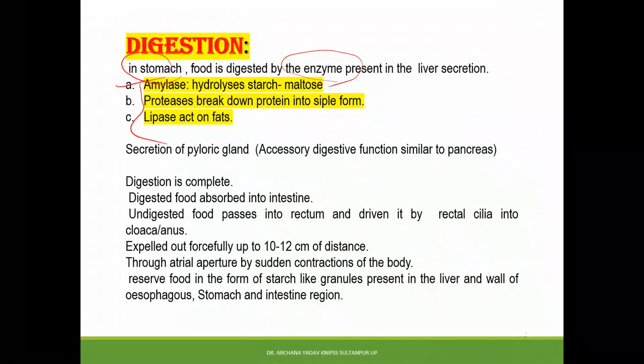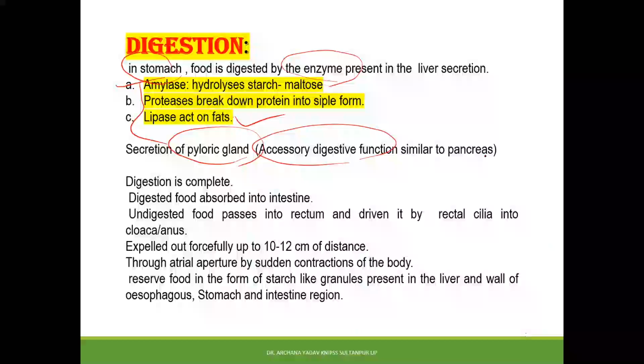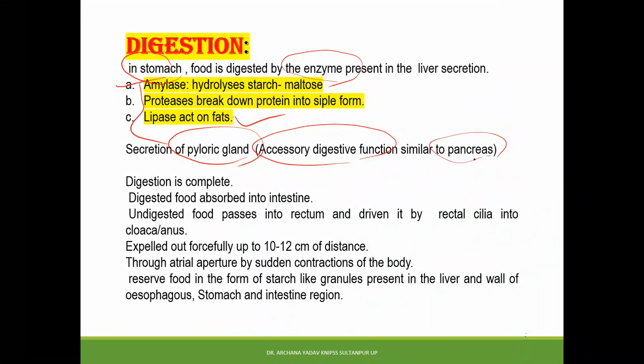Number one is amylase, which hydrolyzes starch or acts on carbohydrate, and proteases break down the protein into simpler form, and lipase acts on fat. Next is the pyloric gland. It is accessory in digestive function and has the same function as the pancreas of vertebrates and other higher chordates.